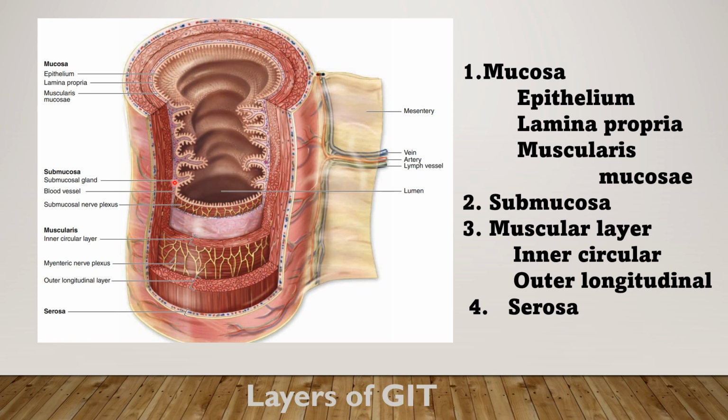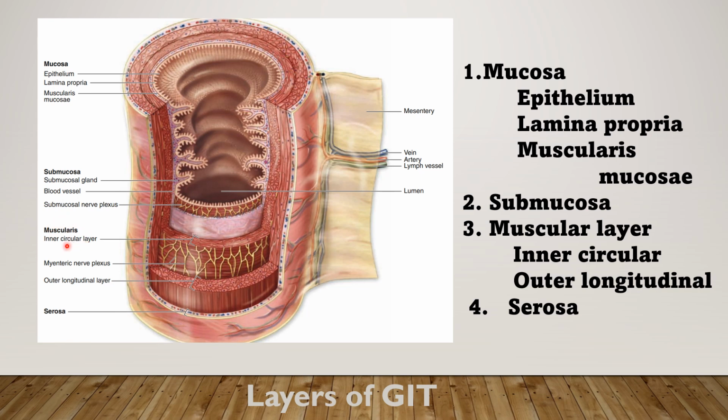Next, outer to that we have another layer called submucosa. The submucosa is made up of moderately dense connective tissue with blood vessels and nerves. That we will see one by one in the other slides. Next, outer to that you will be having the muscular layer, called muscularis externa.